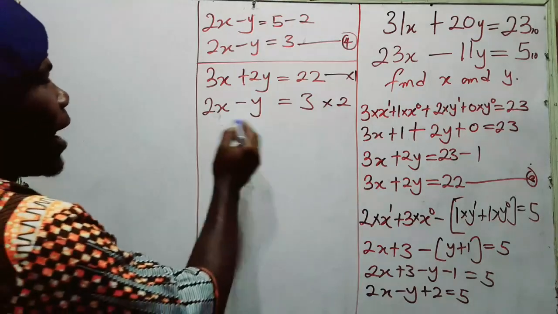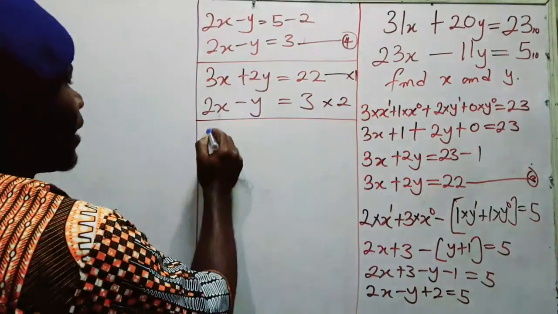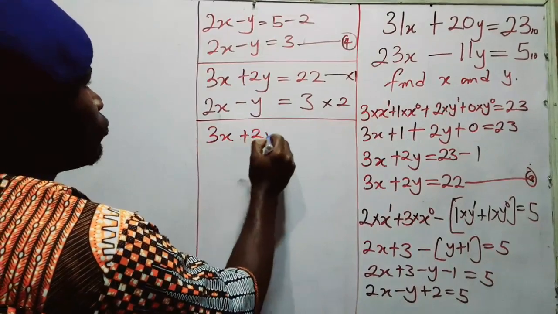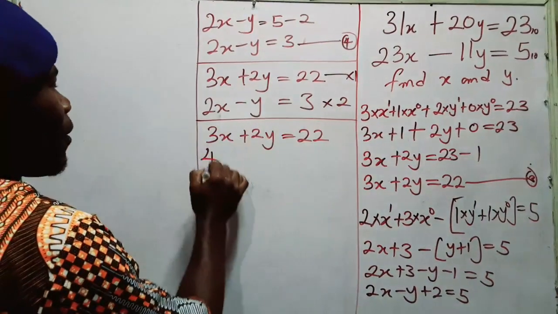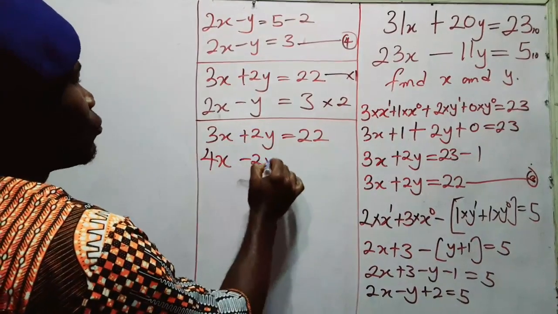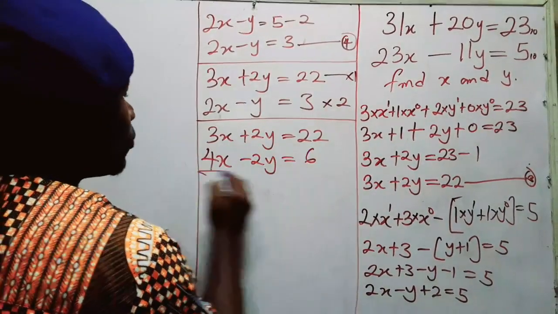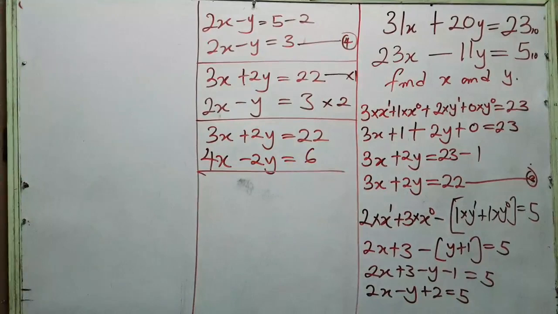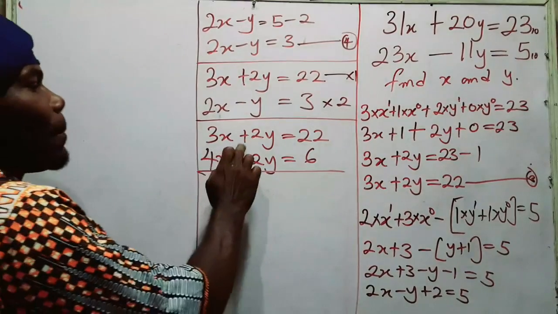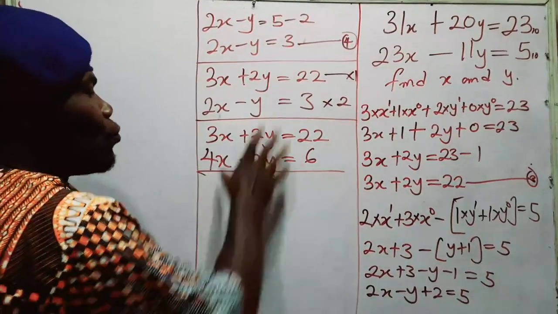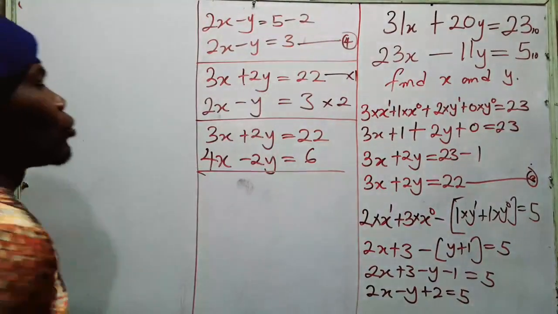So therefore we now rewrite it again. We have 3x plus 2y is equal to 22, and this one we have 4x minus 2y is equal to 6. You are able to see this is a very good game changer, because by the time we add plus 2y and minus 2y together, it will surely turn to 0.